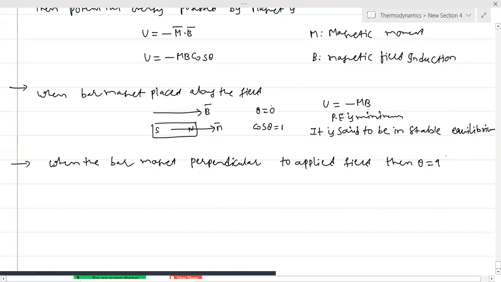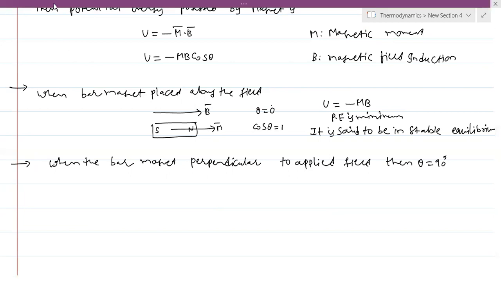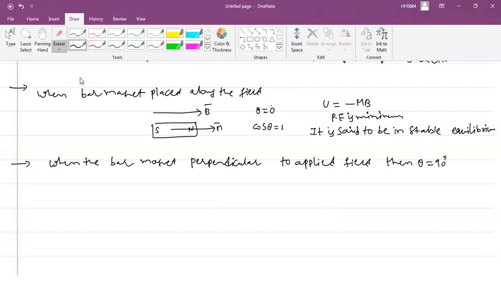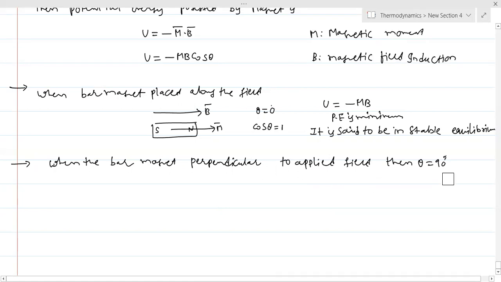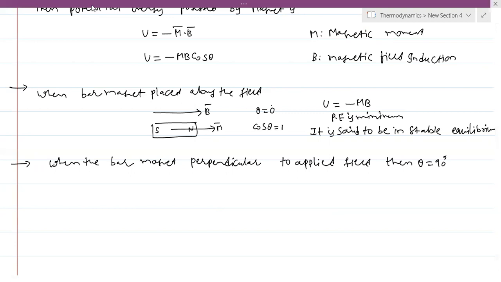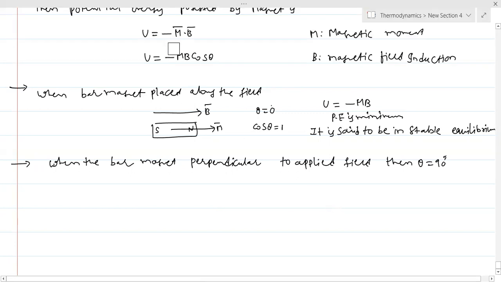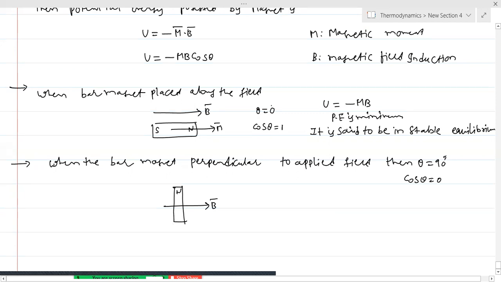So let us take theta equivalent to 90 degrees. So when theta equivalent to 90 degrees, we will say cos theta equivalent to 0. So that is, if this is the B bar, the external magnetic field, the bar magnet is taken in this way. This is south pole and this is north pole, in the normal direction we are taking.